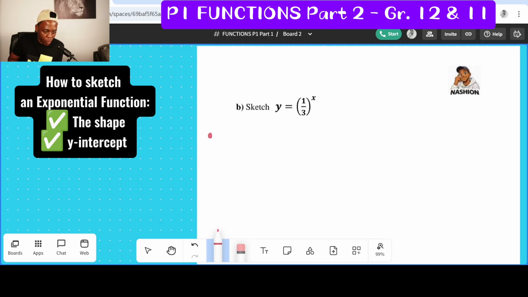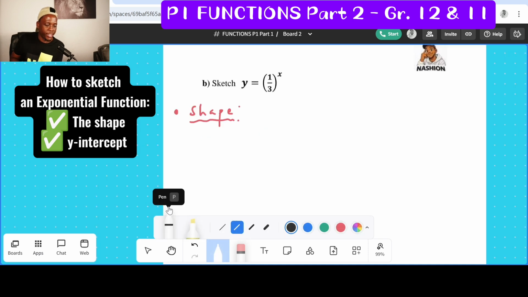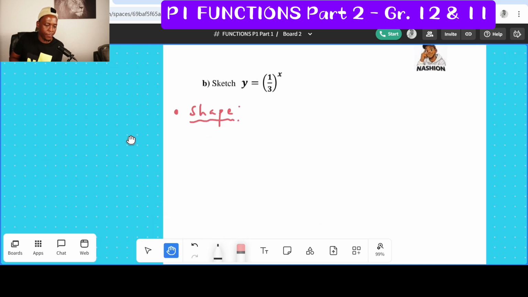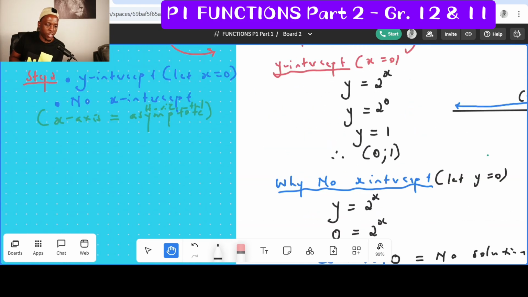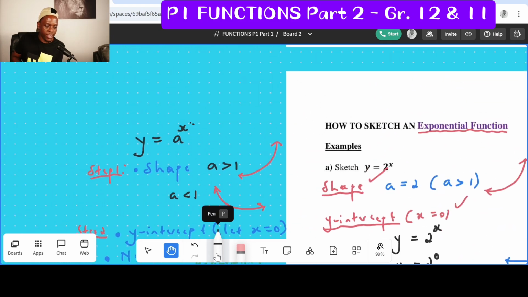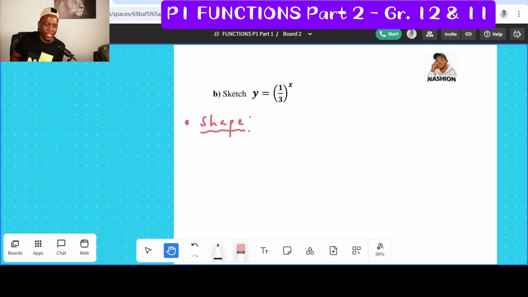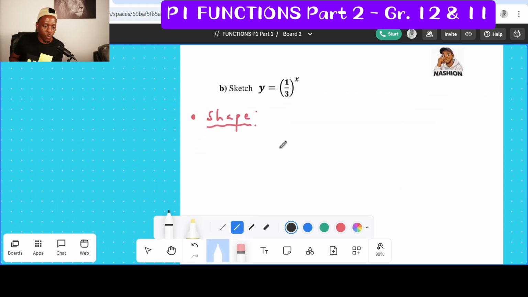So step 1, remember, we need to predict the shape. To predict the shape, we look at the value of a. Remember the general form, where is it? Here it is. The general form we have is y is a to the power x. So we consider the value of a, whether it is a number greater than 1 or less than 1.